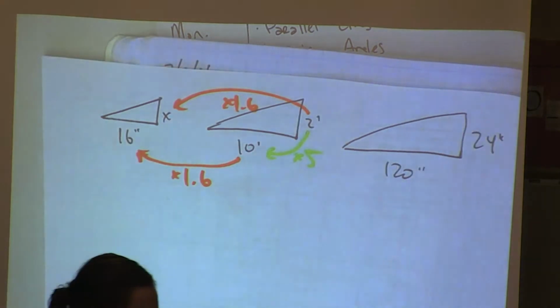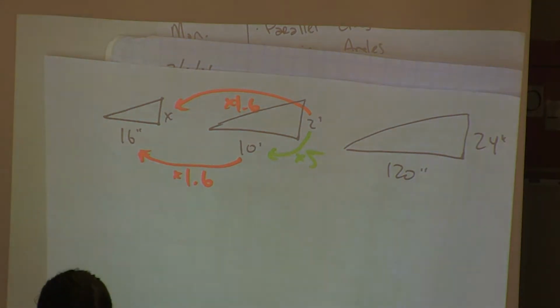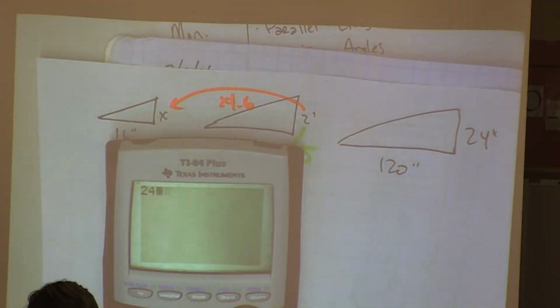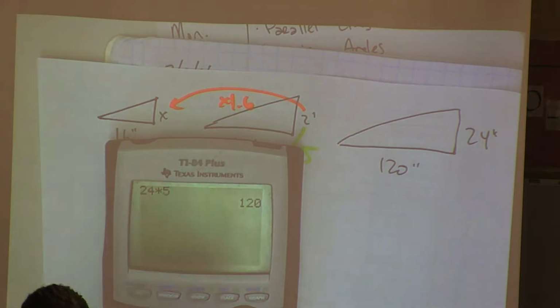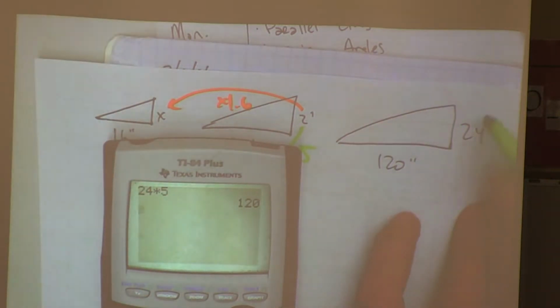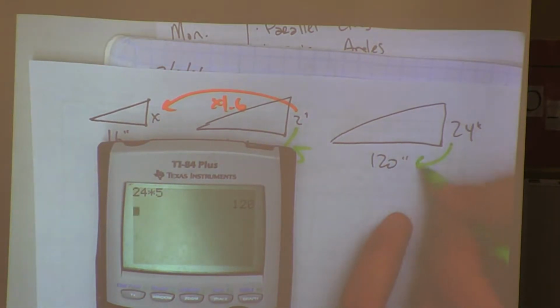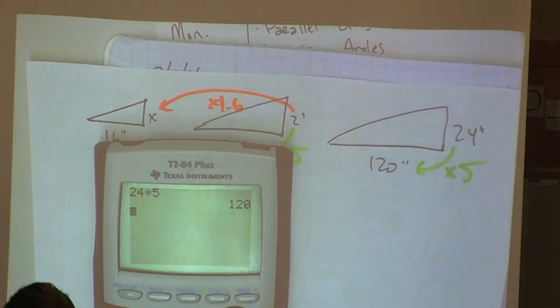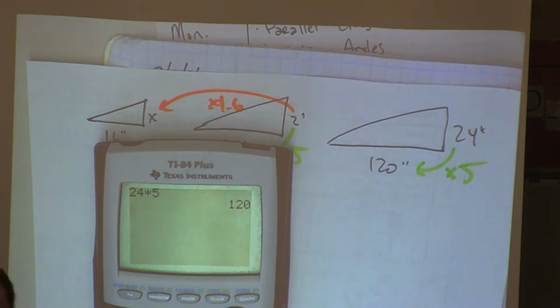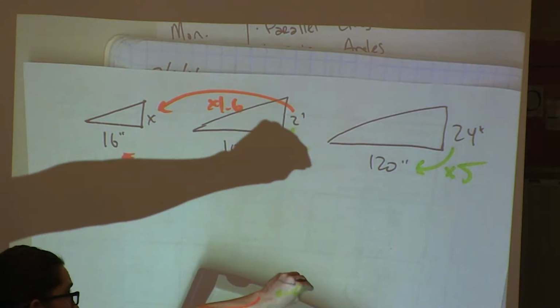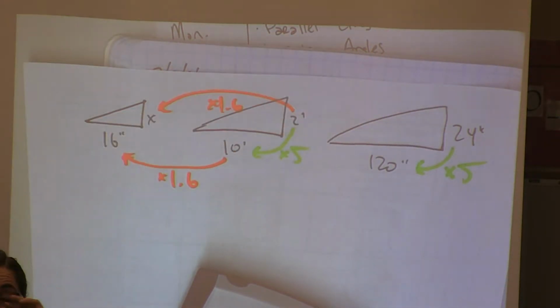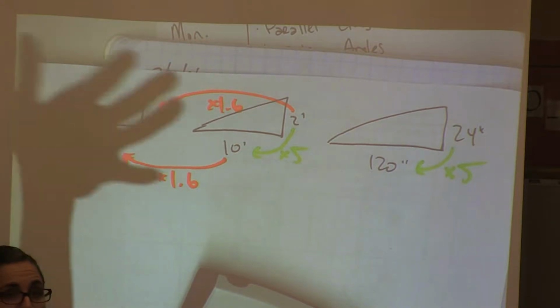Anyone want to guess what 24 times 5 is? 96. It's 120. Because the scale, or the relationship, between those two sides of the triangle also has to be the same for all similar triangles.